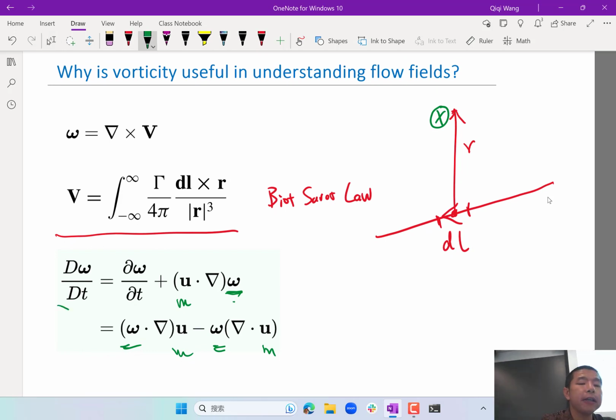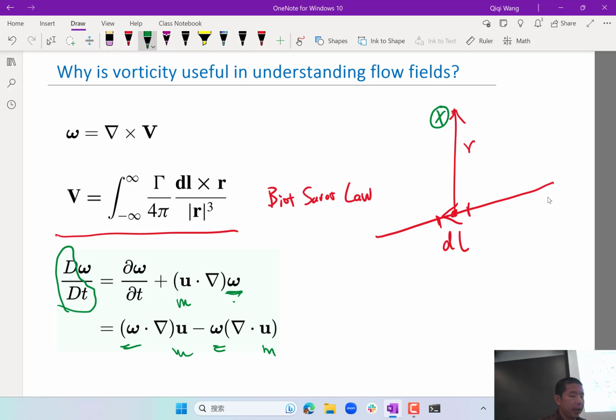First of all, this big D Dt is the material derivative. It is the difference between the vorticity at one location and one time snapshot, and the next time snapshot, but after the location has moved with the flow field for that moment.